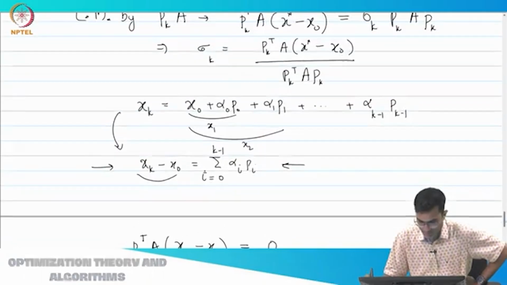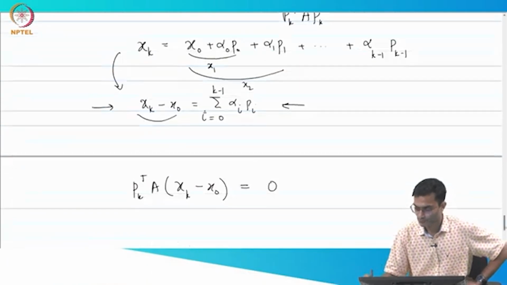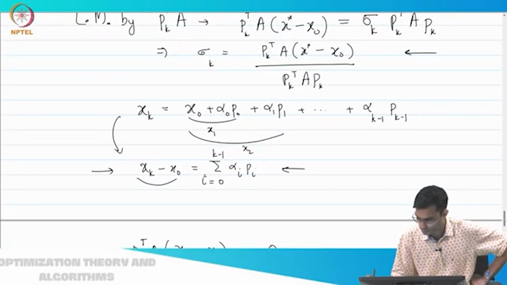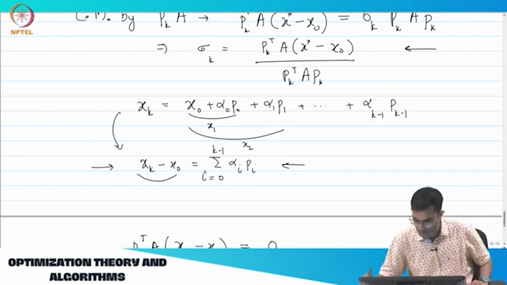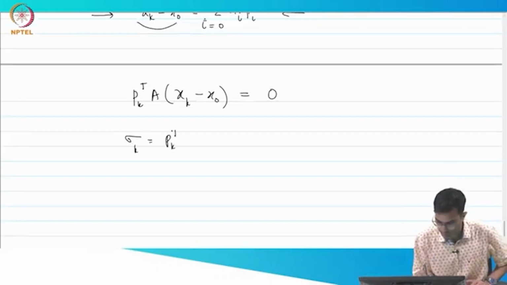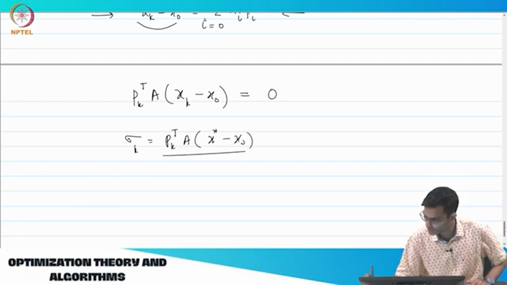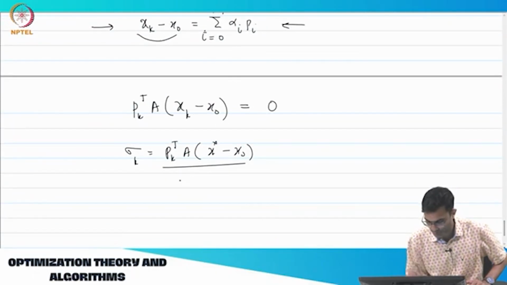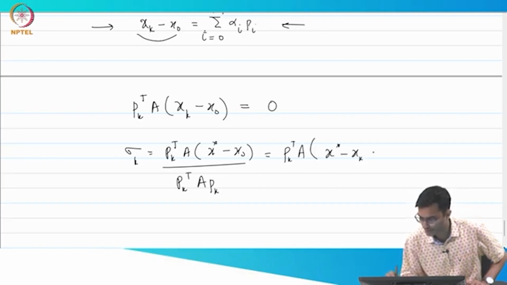Now, here is the final trick. Remember this expression for sigma k over here. Let me just copy it from here. Sigma k is equal to Pk transpose A, x star minus x0, divided by the denominator Pk transpose A Pk. I am simply going to add and subtract xk.